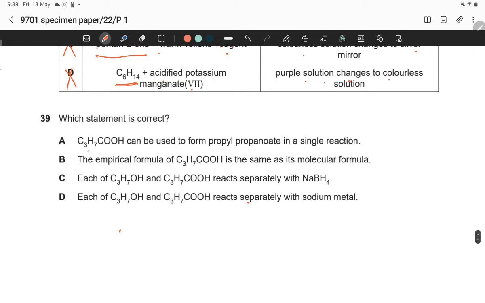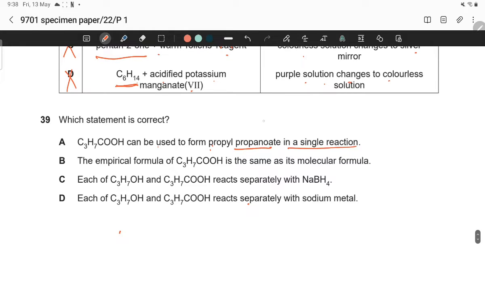Which statement is correct? C3H7COOH can be used to form propyl propanoate in a single reaction. Not propyl propanoate, this could be butanoate. So this is incorrect. The empirical formula of C3H7COOH is the same as its molecular formula. No, this is C4H8O2.